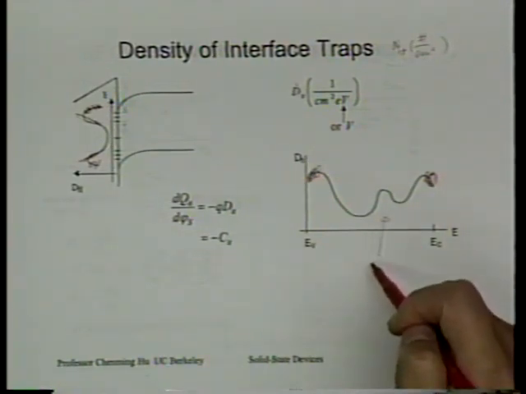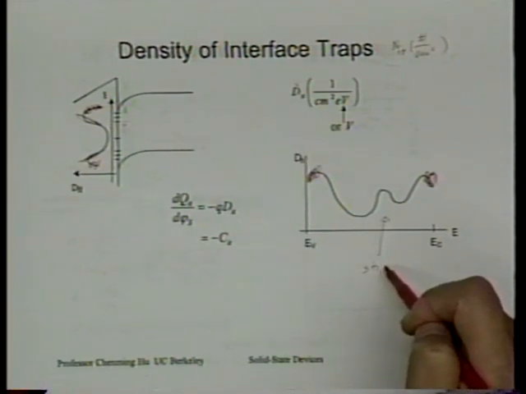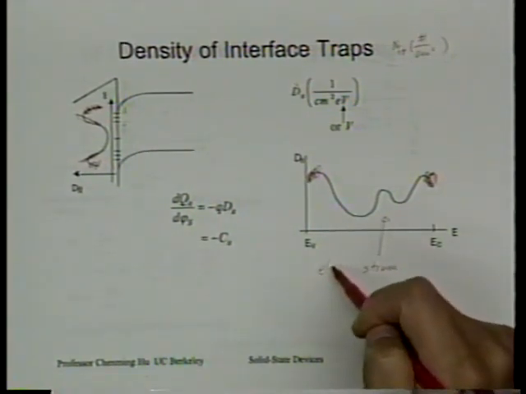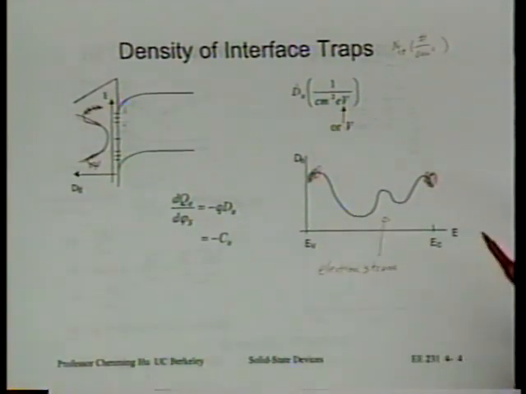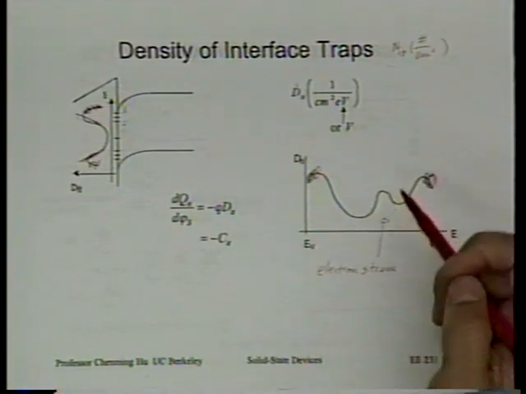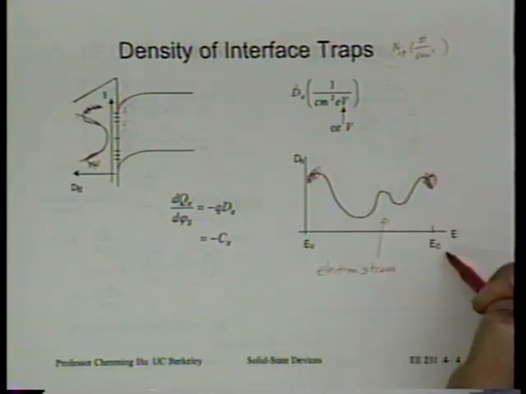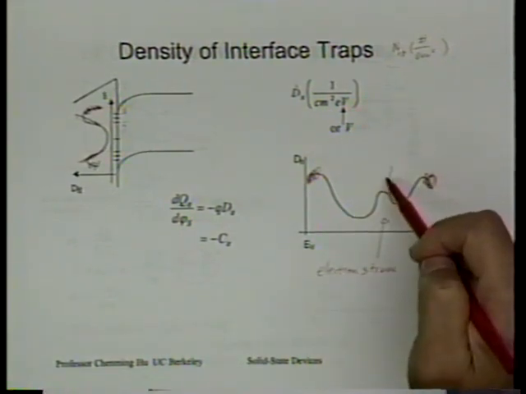Traps that are created by electrical stress or hot carrier stress tend to create a trap at about 0.1 eV or so, 0.2 eV above the midgap, in the upper half of the band gap. By the way, just because we find this trap near the upper half of the band gap, what type do you expect it to be?